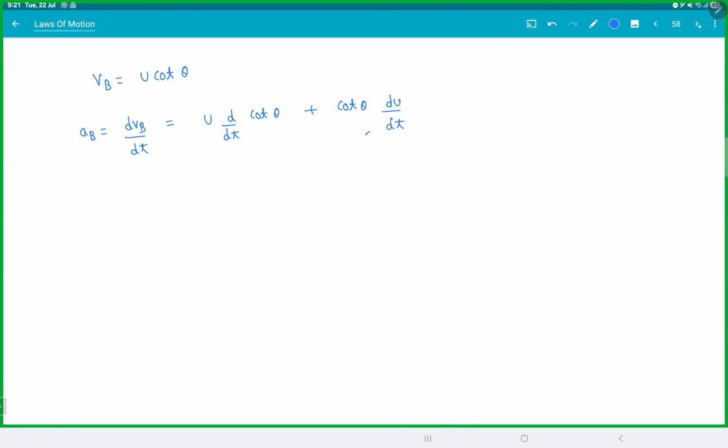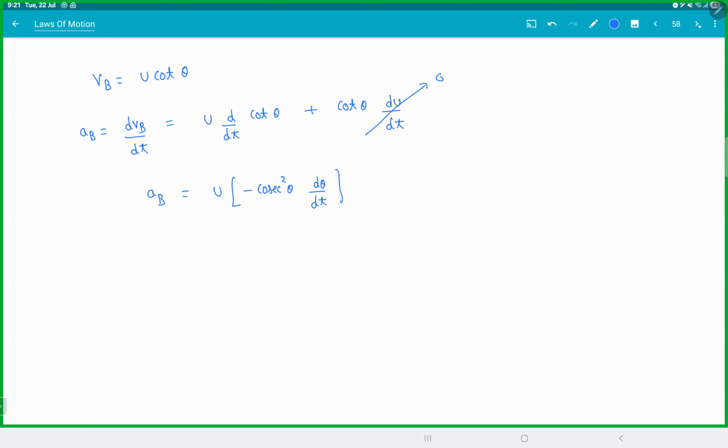Luckily, U is constant, so this term will be 0. What is the differential of cot theta? Minus cosecant square theta, then you end up with d theta by dt. You can use the division rule, cos theta by sin theta, and check it out. This is your acceleration of B.